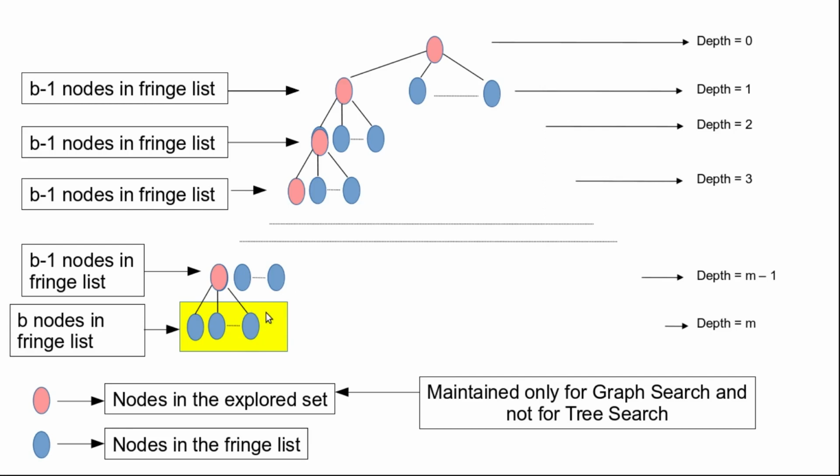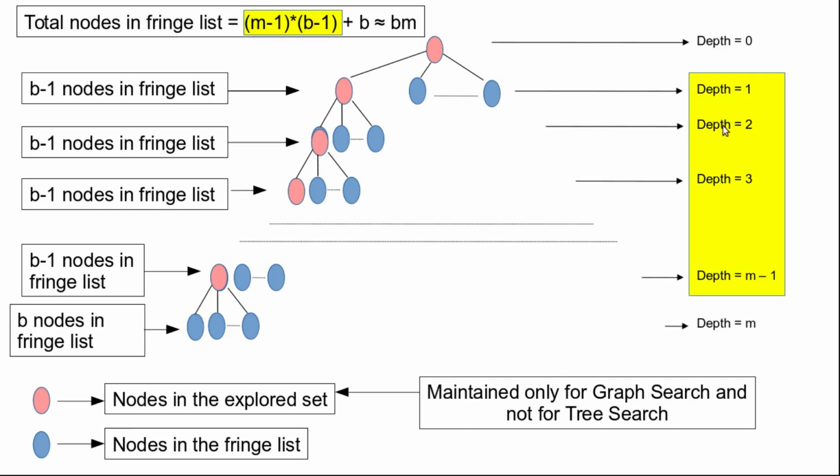And if we try to count how many nodes there are in the fringe list, since we have m-1 layers here and each layer has b-1 nodes, the total number of nodes would be (m-1) into (b-1), plus we have to add the b nodes from depth m.